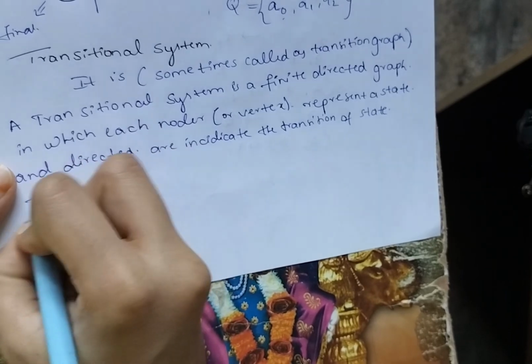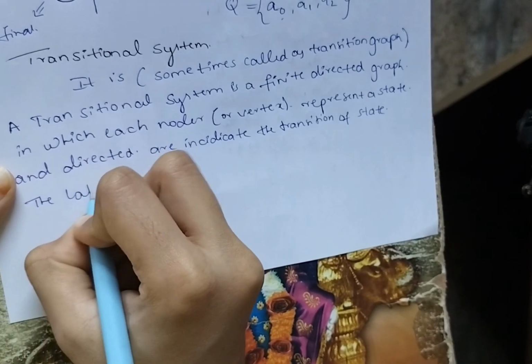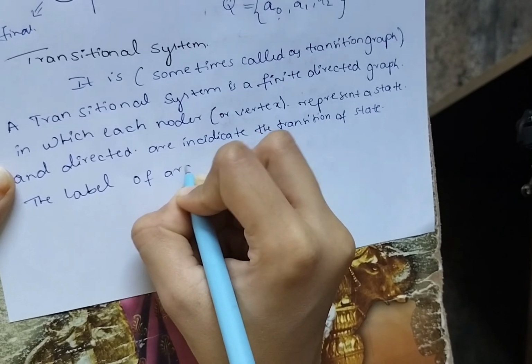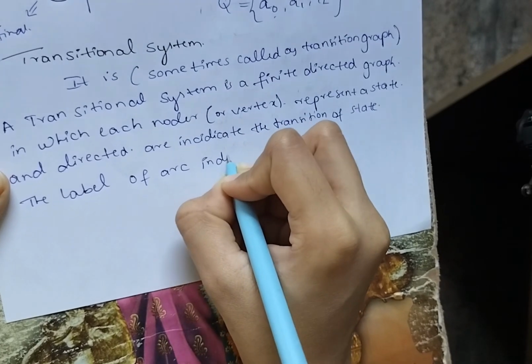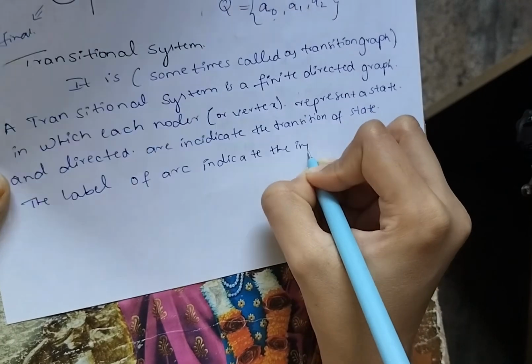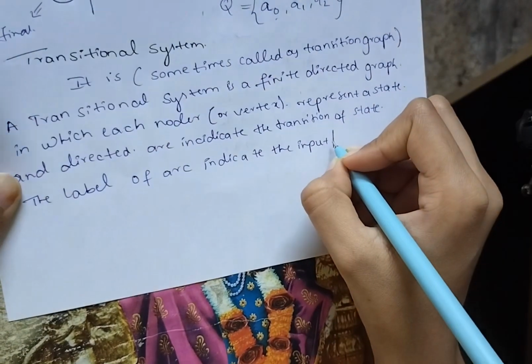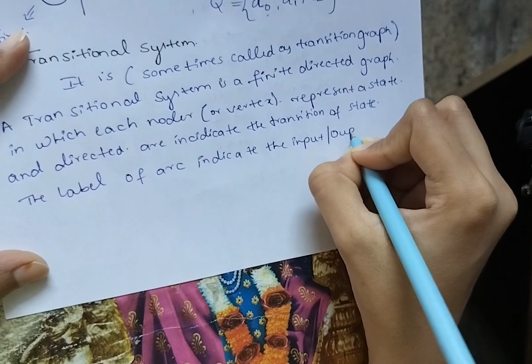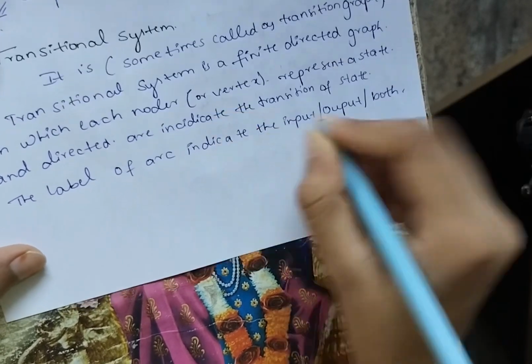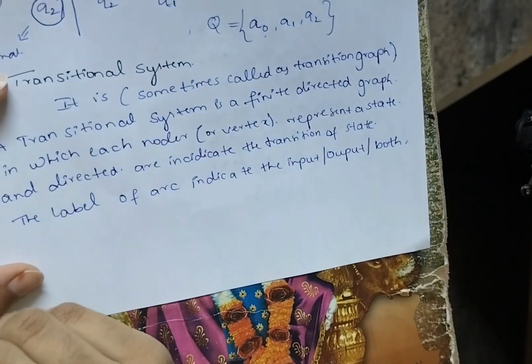Also, the label of the arc indicates the input or output or both. So here you see what the transitional system is.